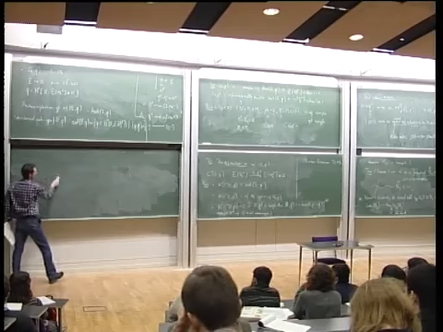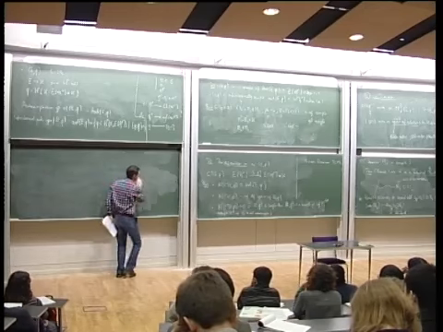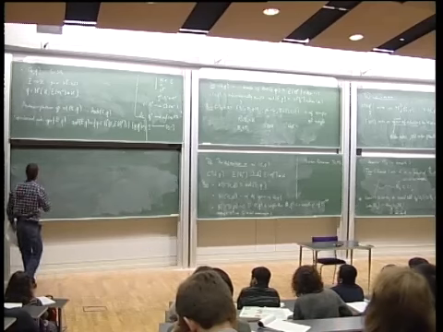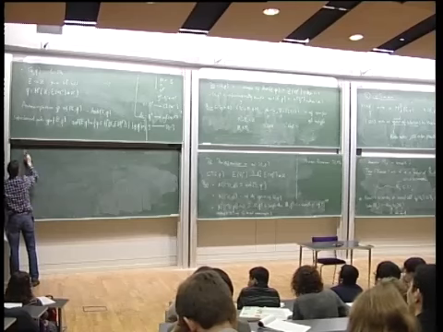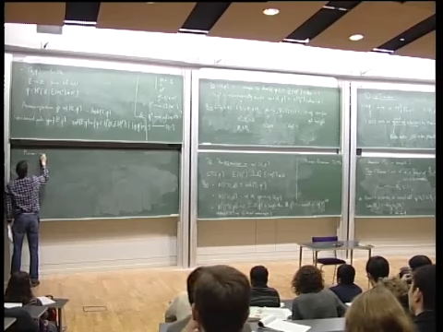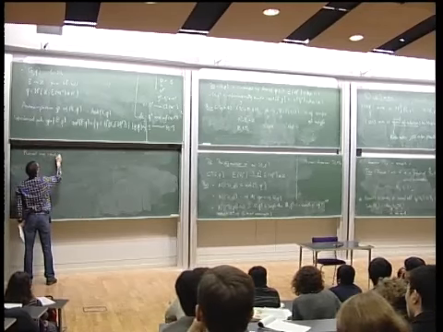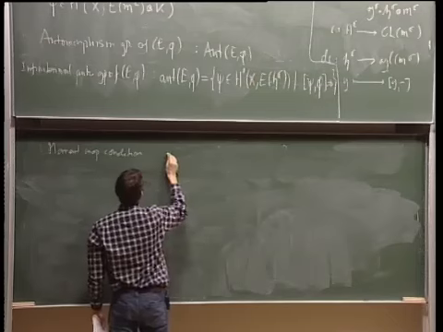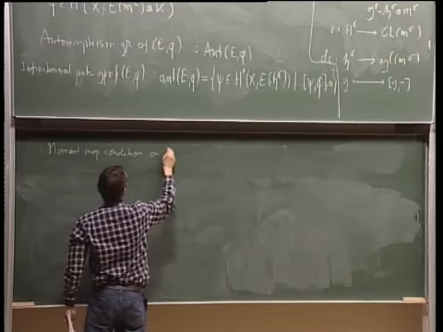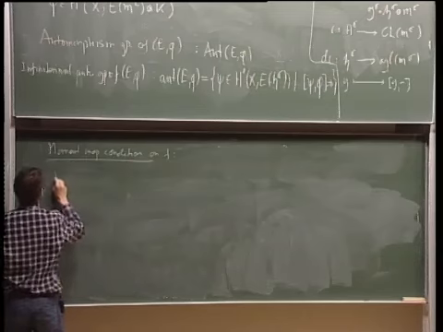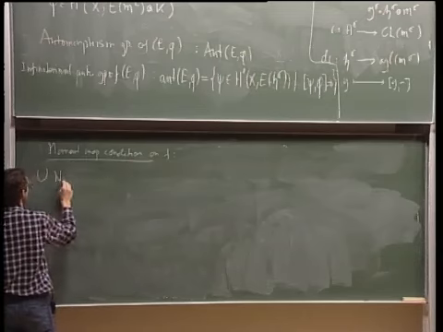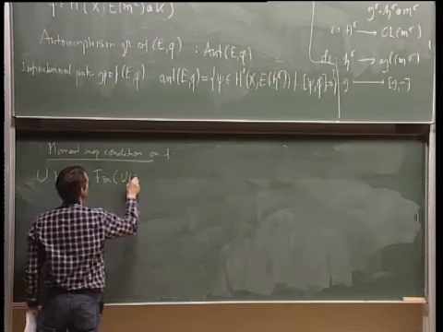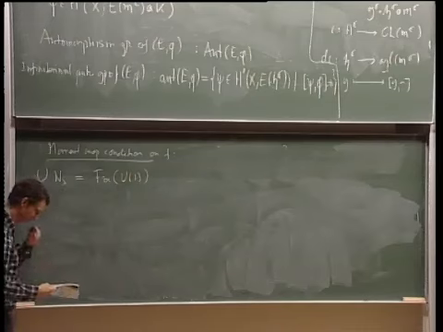So your critical subvarieties, the ones where the gradient of f vanishes, are just the fixed point sets. So the moment map condition on f tells you that the union of the N_lambdas is just equal to the fixed locus of this circle action.